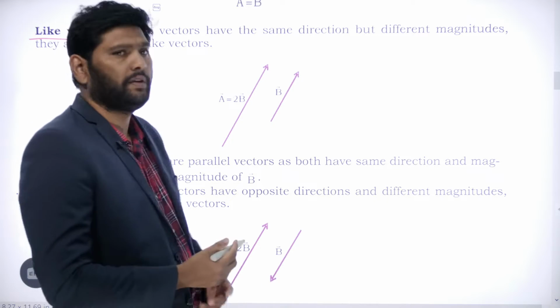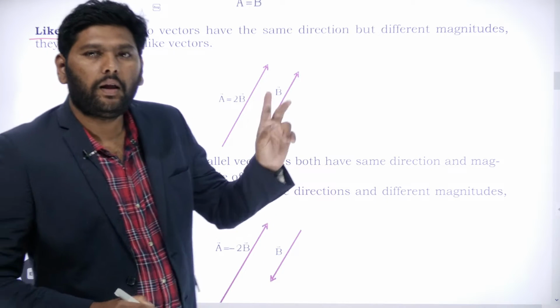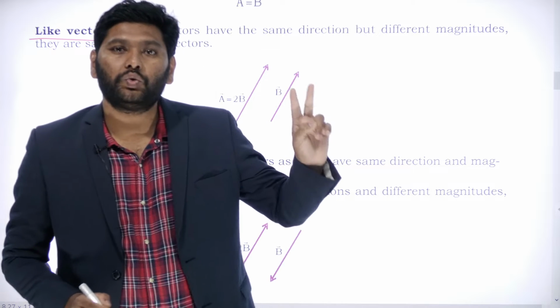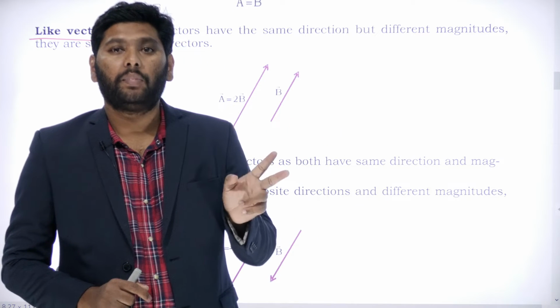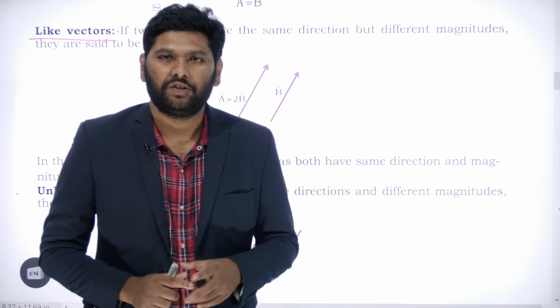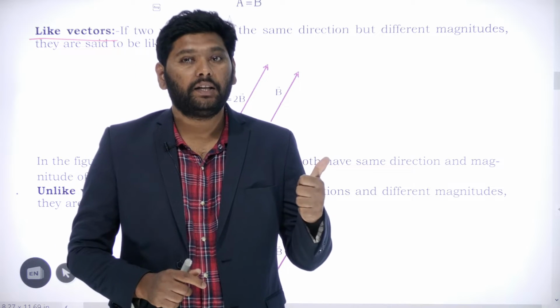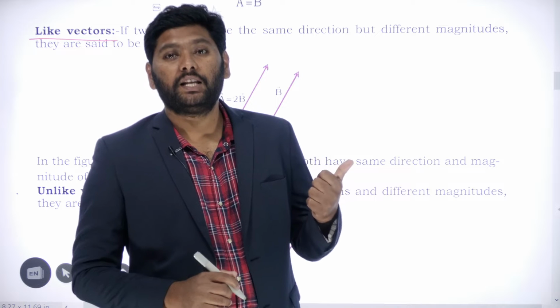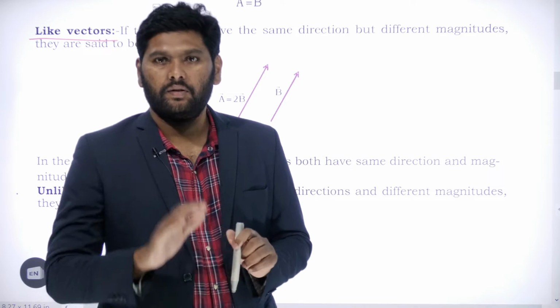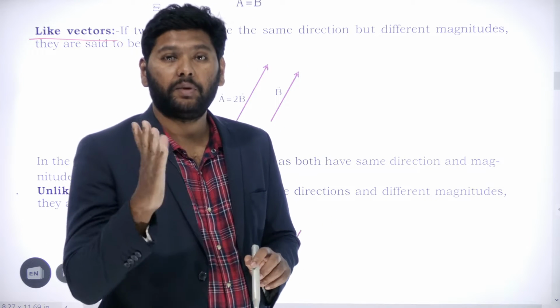What is meant by like vectors? Like vectors are two vectors having different magnitude but acting in the same direction. Acting with different magnitude, same direction.